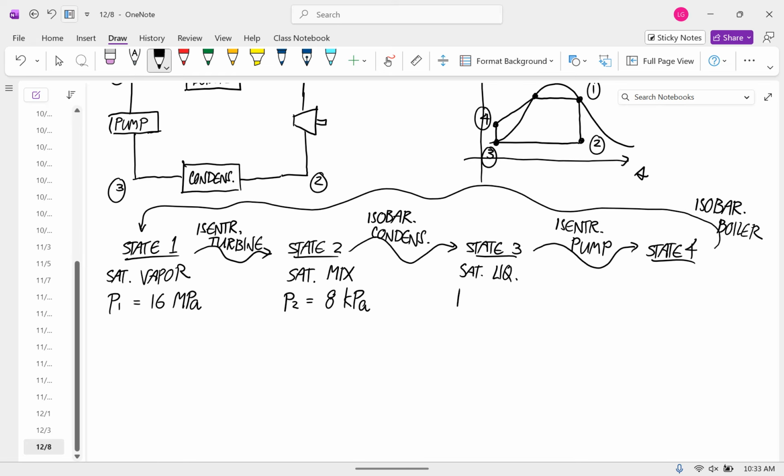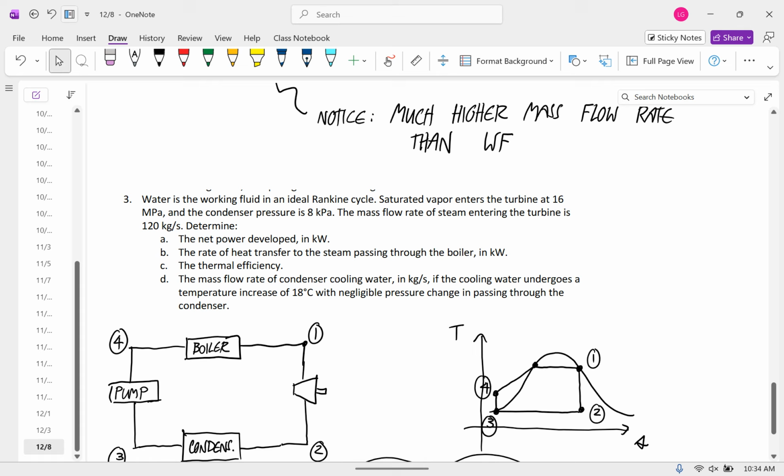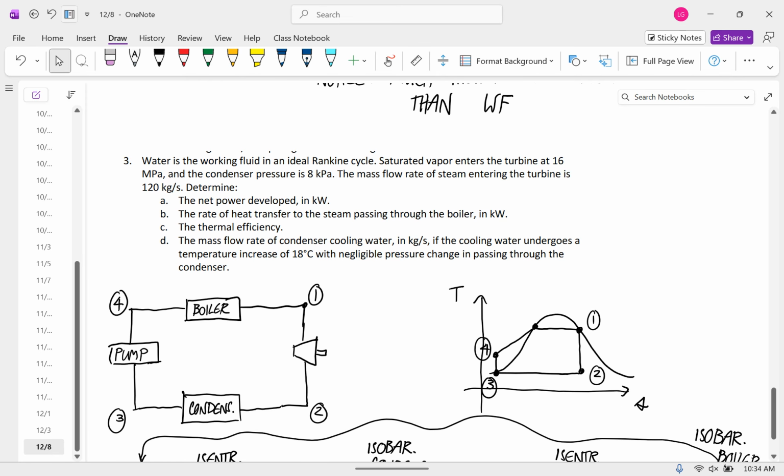And the pressure, since this was isobaric, is still 8 kilopascals. And we're given that the mass flow rate entering the turbine is this.